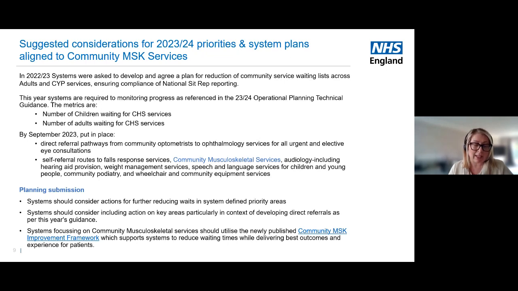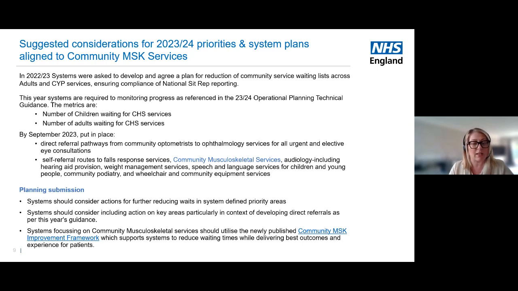It also very clearly states as one of the national objectives for community health services that direct referral and self-referral routes to a specified number of community services, which includes community MSK services, enhance their self-referral routes and direct access across their system.